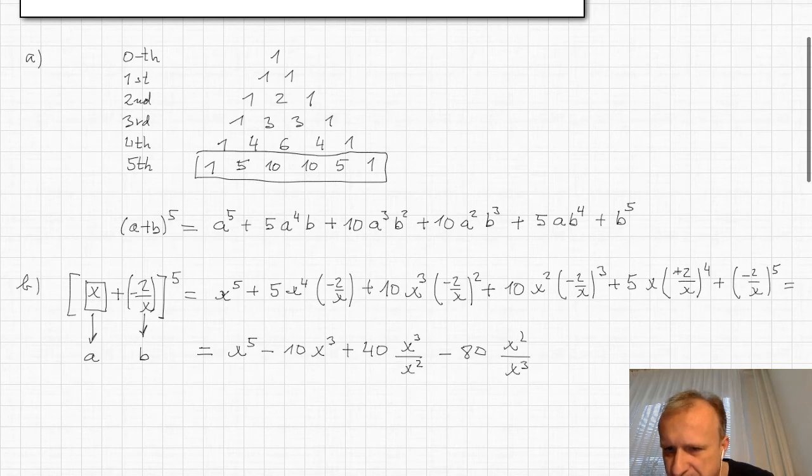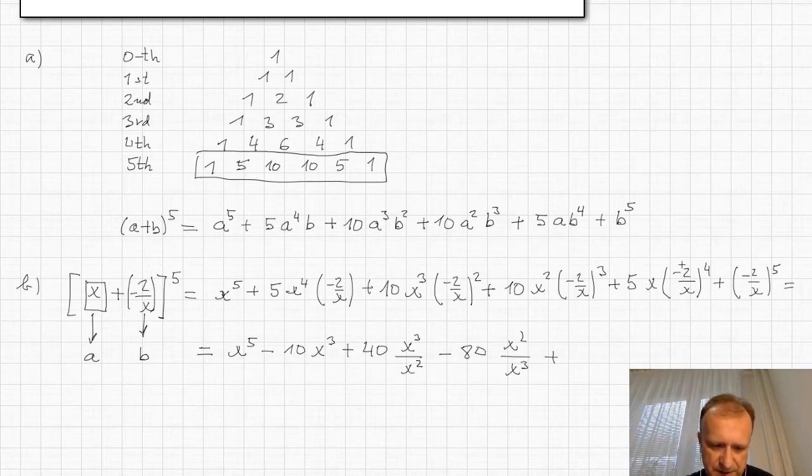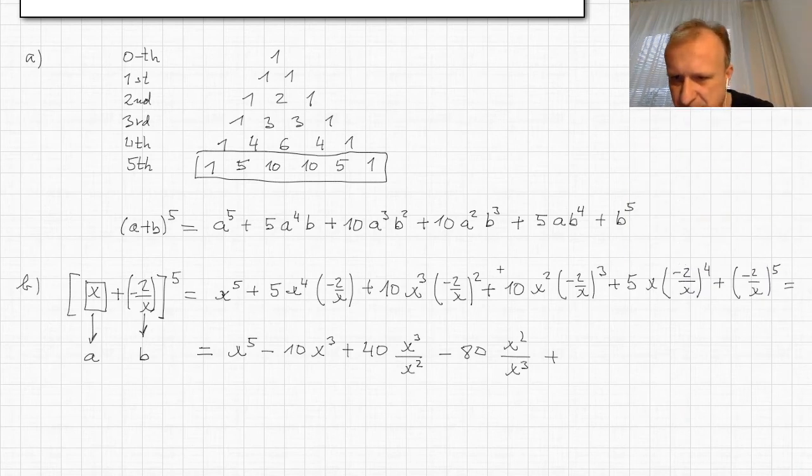Then we have a positive term, because that 4 is the even power, so you have to have plus here. 2 to the power of 4 is 16, and 16 times 5 should be 80. Let me check it. Yes, it's 80, so it should be 80 times x over x to the power of 4.